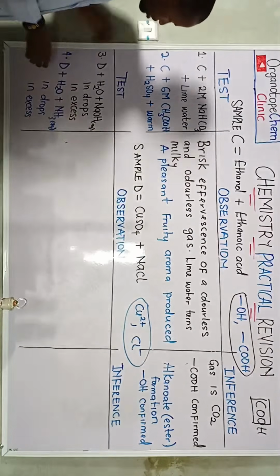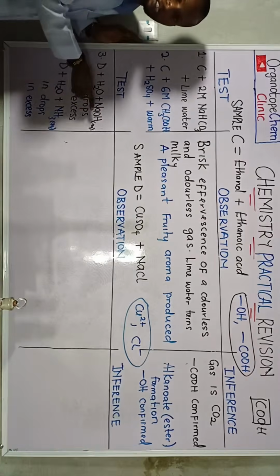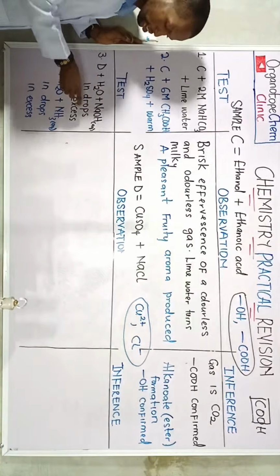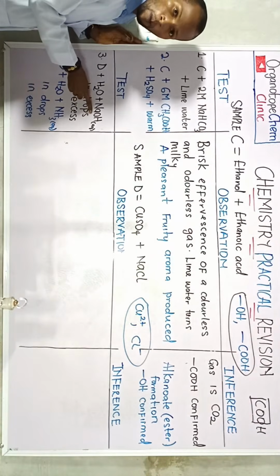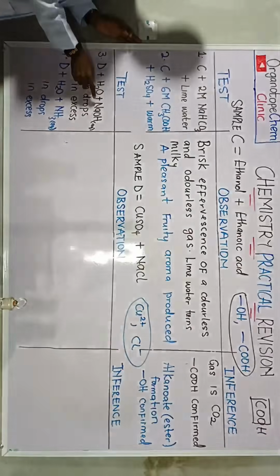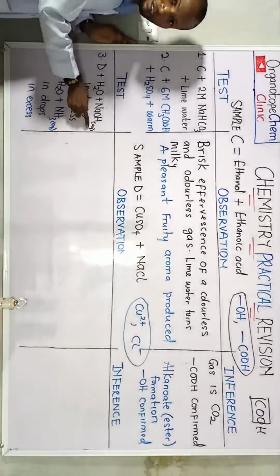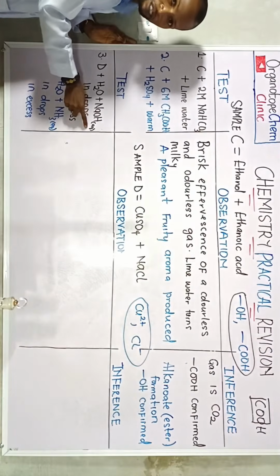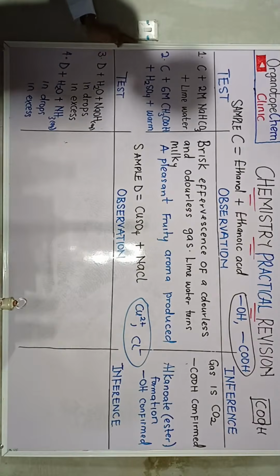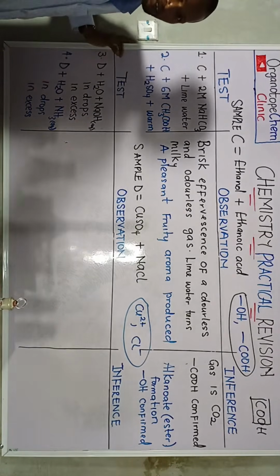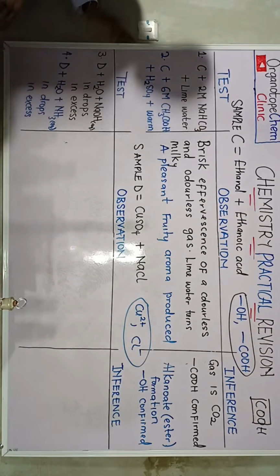We have to add aqueous sodium hydroxide. Please always ensure that you write the state of the compound that you are using for the test. We have sodium hydroxide, aq, right? It implies what? Aqueous. That means the solution of sodium hydroxide, not that you dropped sodium hydroxide pellets into the mixture.